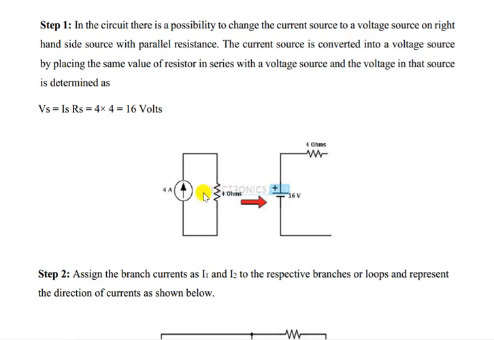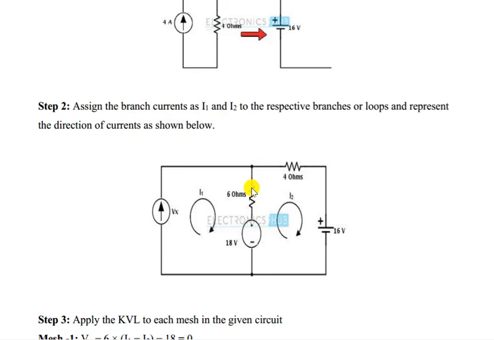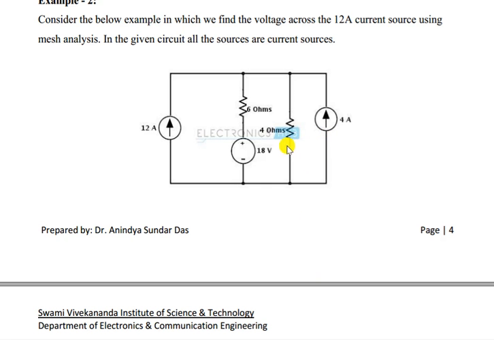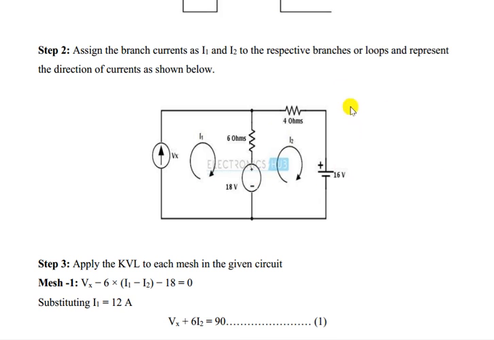Then what is the voltage? That is Is into Rs, V equal to I into R, so 16 volt. So a 16 volt voltage source in series with a 4 ohm resistor. That is the source conversion from current source to voltage source that we can apply here. So instead of a current source and resistance, we now have a voltage source with resistance. So this circuit becomes this.